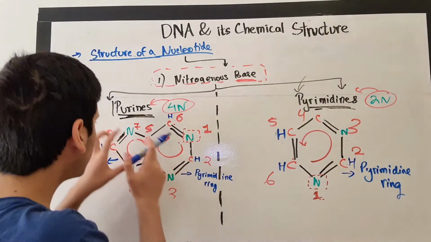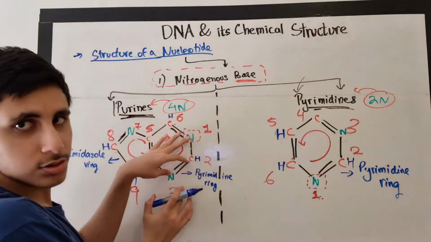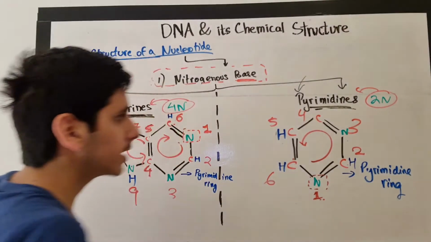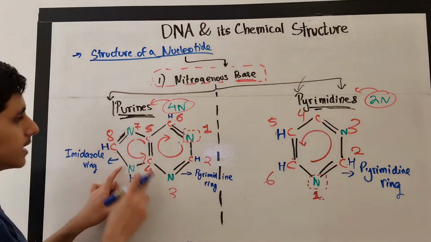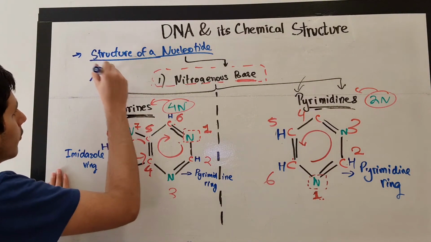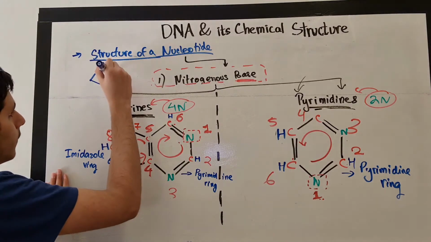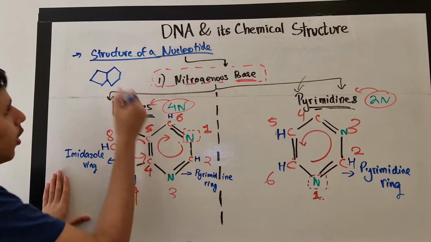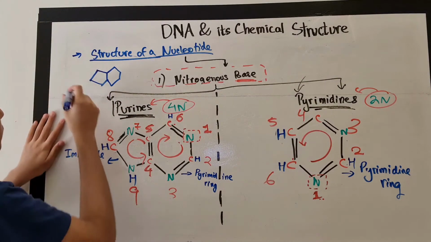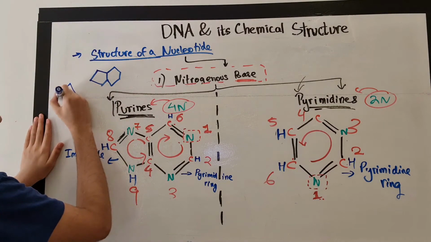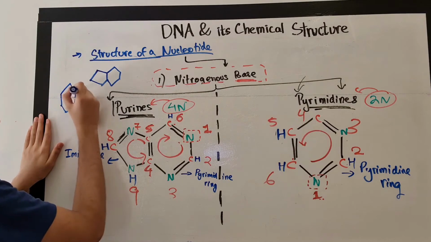So you will see the imidazole ring on the other side. For example, if I draw it over here, instead of seeing an imidazole ring first like this, sometimes in some diagrams we'll be seeing the imidazole ring on the right side.